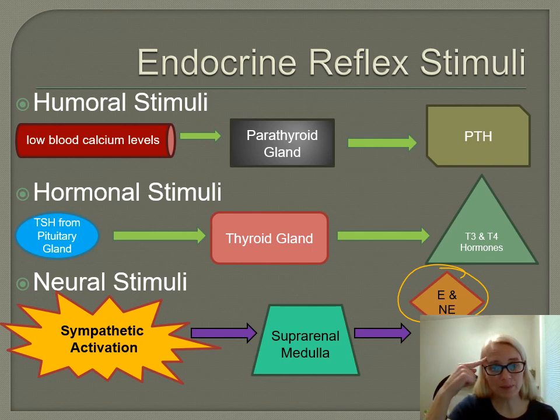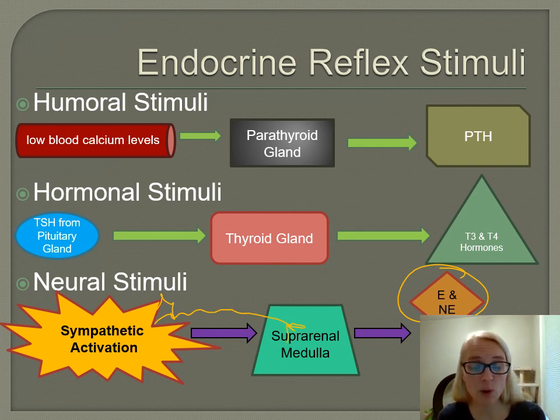So hypothalamic sympathetic activation, fight or flight or freeze or exercise, sends that long preganglionic neuron all the way to the suprarenal medulla, triggering that modified postganglionic endocrine cell to release the epinephrine and norepinephrine into the bloodstream, which will then go and communicate with the rest of the tissues.